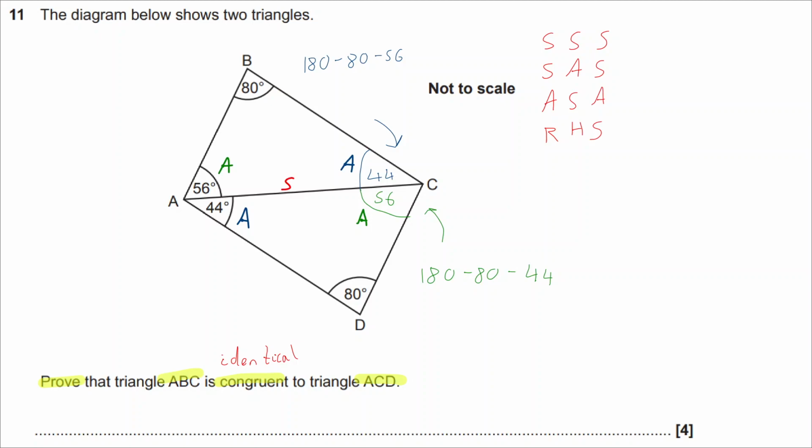So we can say that these are going to be ASA triangles, because they literally have identical angles, they share a side, identical angles here. These are ASA triangles.